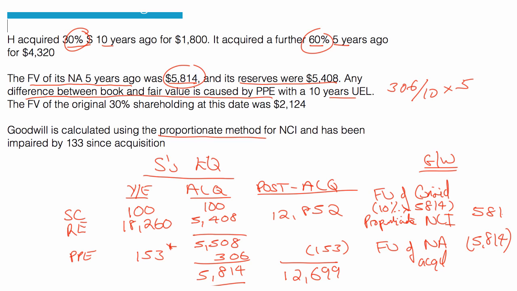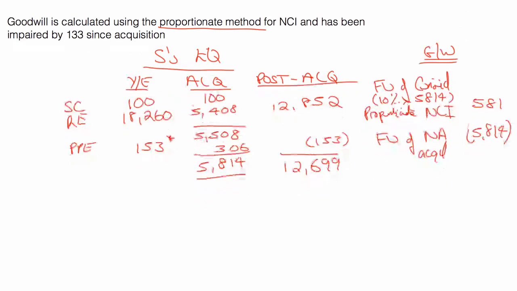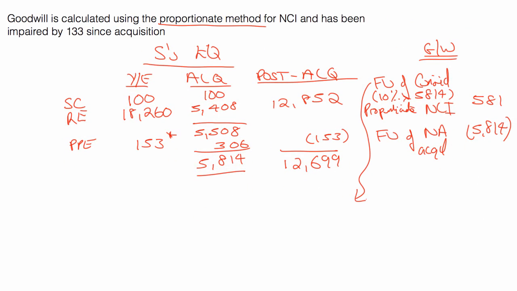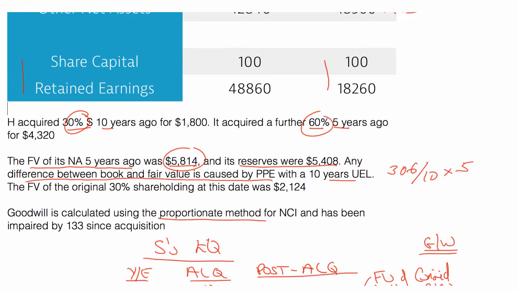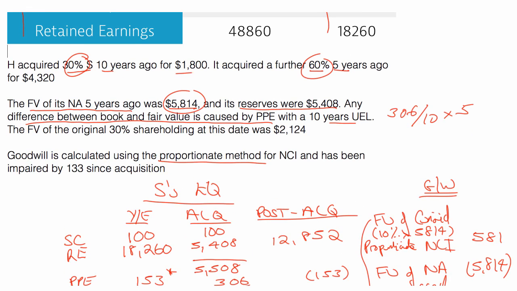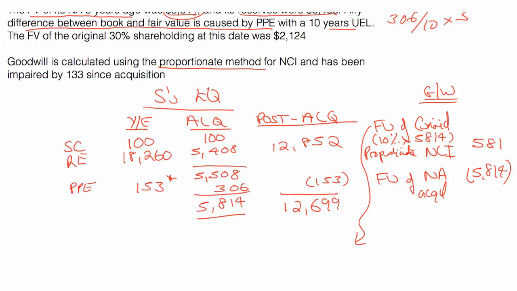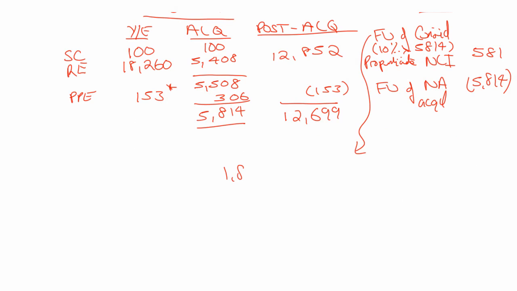The fair value of what I paid for it then, I'm going to make a bigger thing of this. So the fair value of what I paid. So what did I pay? The first thing that I paid was 1,800, and then I paid 4320. So I paid 1,800, and then I paid 4320, and this was 5 years ago, and this was 10 years ago. The date of acquisition is 5 years ago.